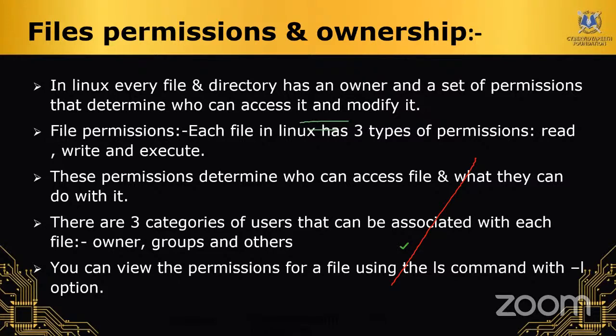We can change those permissions. We can make a file read only, write only, or execute only. These file permissions determine who can access files and what they can do with them.